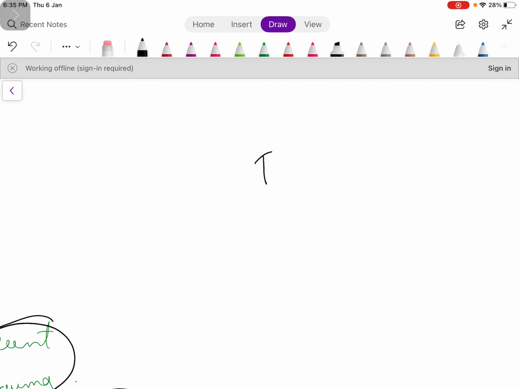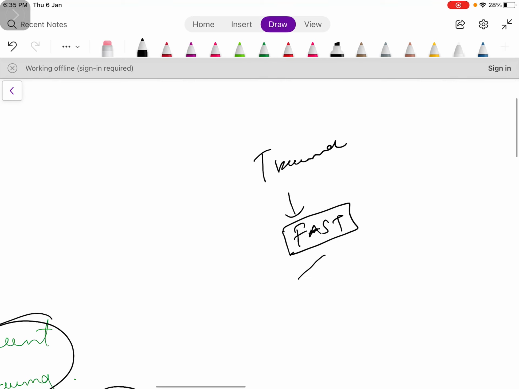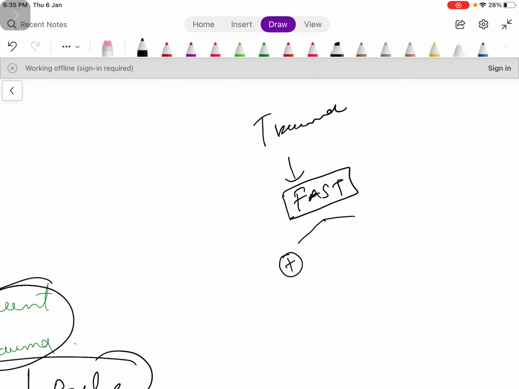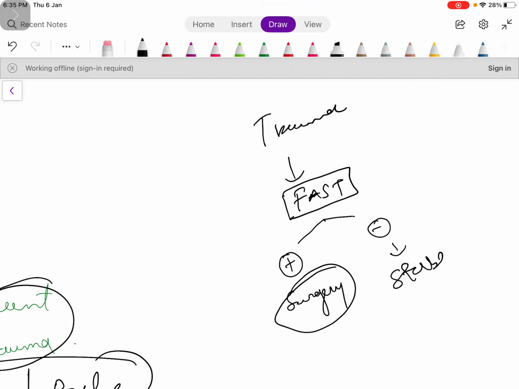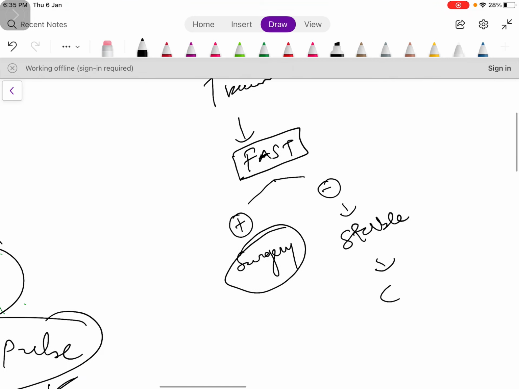Whenever there is a trauma patient, the first thing you need to do is FAST. If FAST comes out positive, then we need to take the patient to surgery. If it is negative, or if the patient is stable, then we go for CT scan.